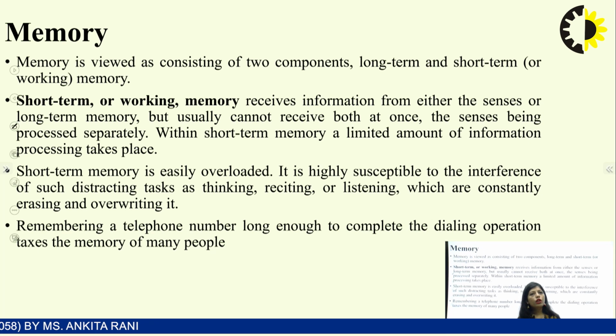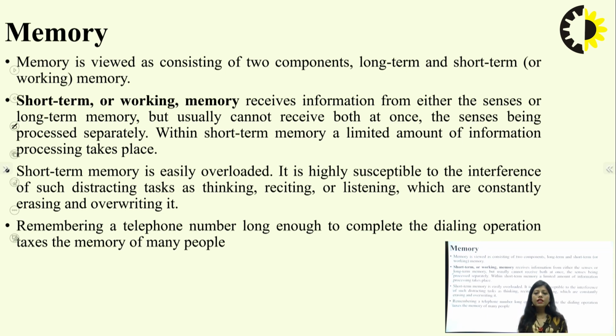Within short term memory, a limited amount of information processing takes place. As the name suggests, short term means the memory is for some time, not for a long time.